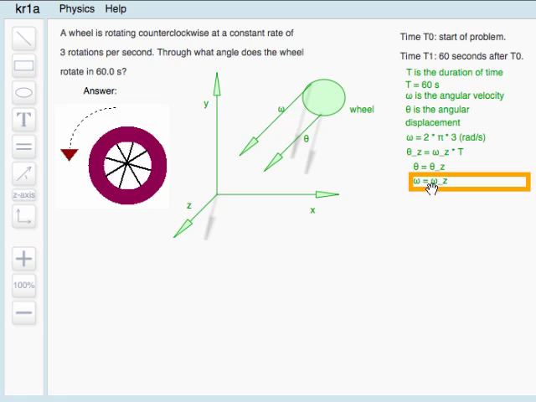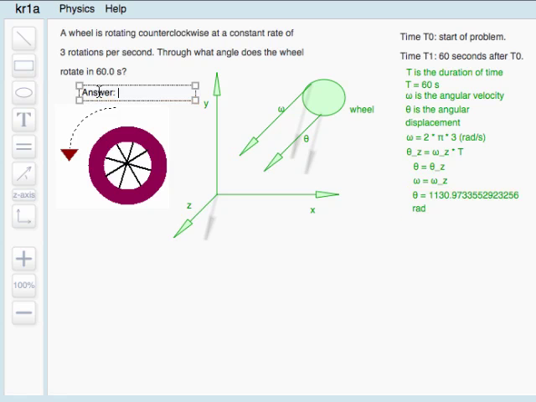Alright, so now that I have those pieces, I am ready to solve. So I'm going to come down here, and I'm going to say theta equals question mark. If I've done it right, yes, gives me the answer. So I'm just going to double click on these, copy, click on the answer box, paste it in, and that's one more problem in the books.